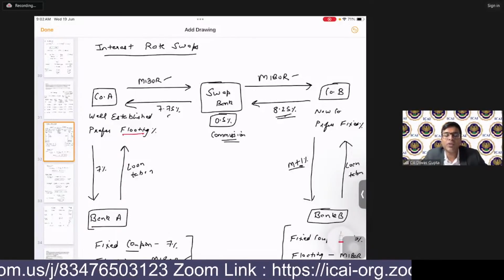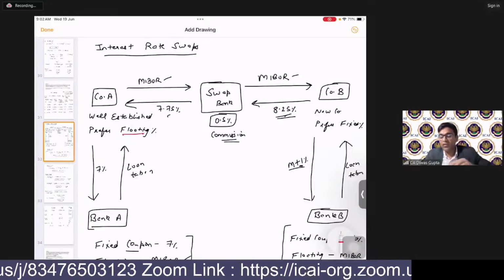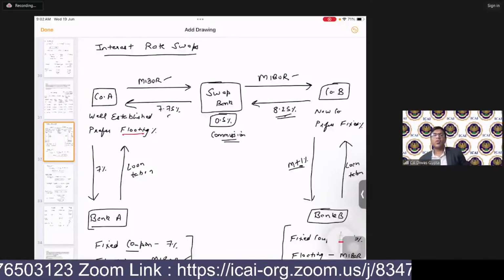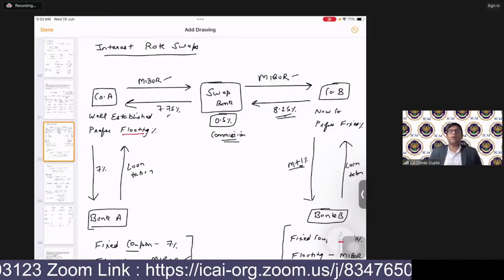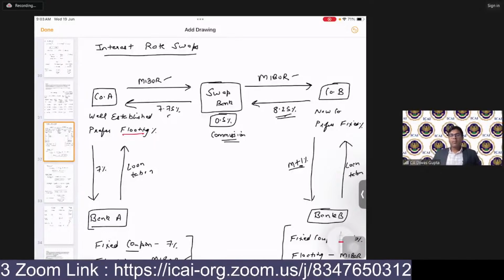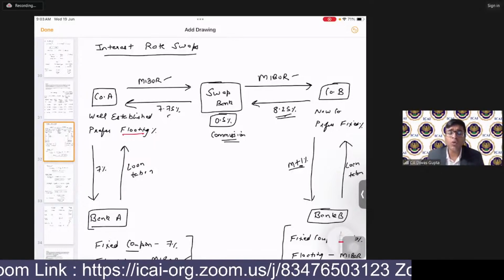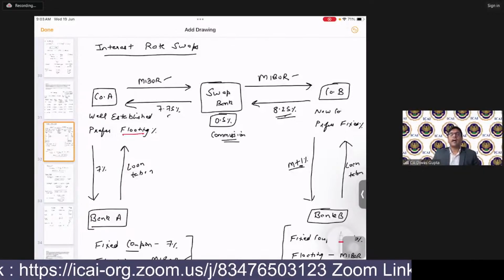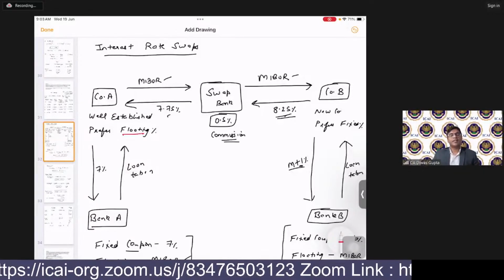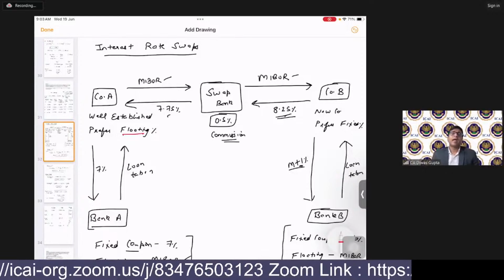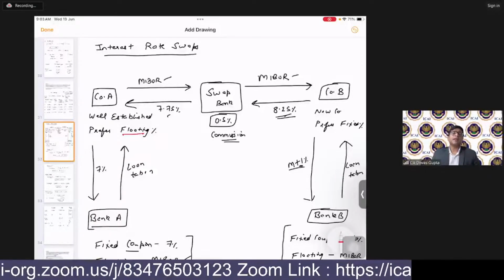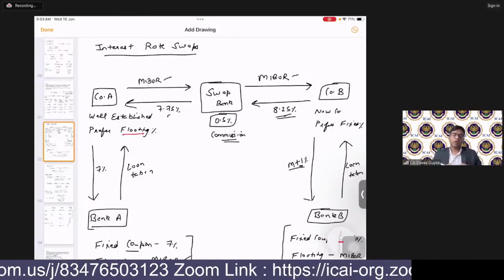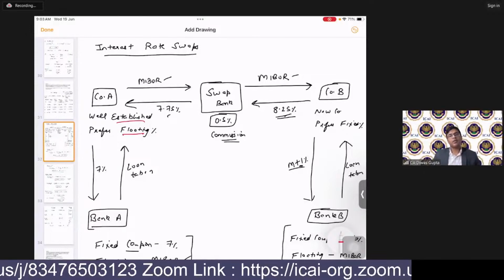It will always ask you for a floating rate, because the bank would want itself to be covered on how it is getting sourced, those amounts that the bank is lending to you. So generally, we have seen that in the case of higher maturity loans, there is a floating rate, and the risk taking capability of company A is such that they prefer floating rate because they are well established.